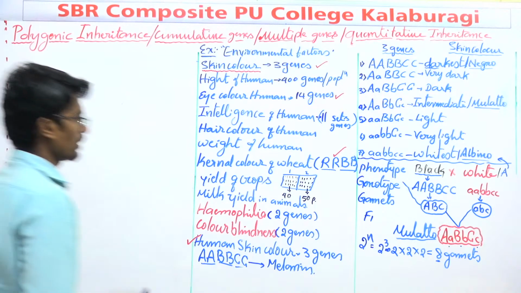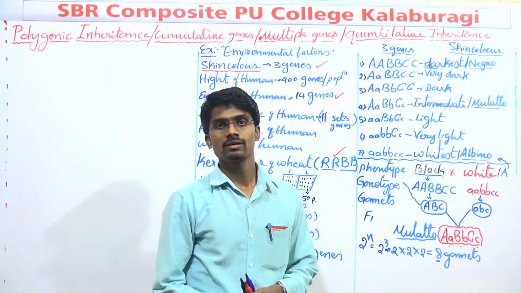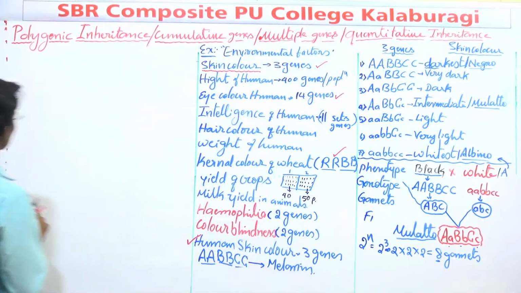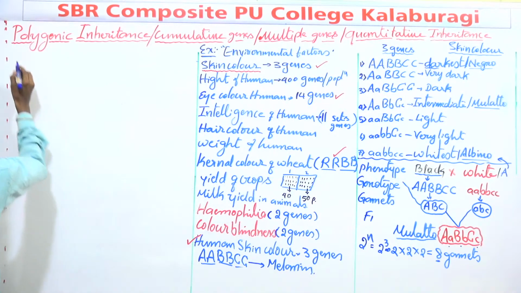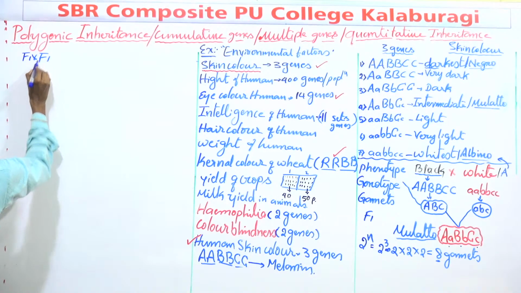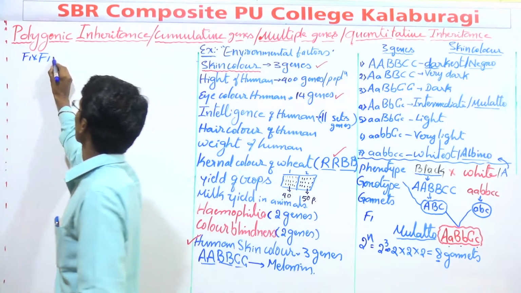Dear students, now we should go for the various gametes produced by the Mulatto. If you go for F2 generation, when you go for selfing of F1, what gametes are produced here?